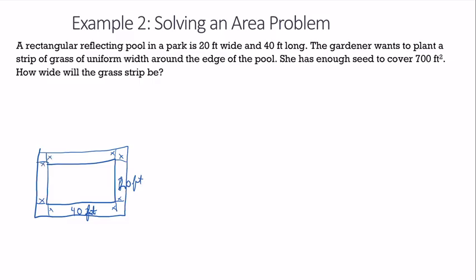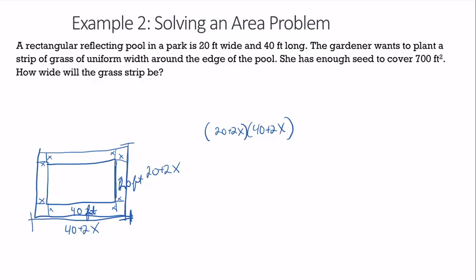So now the perimeter of my rectangle is 20 feet plus 2x by 40 feet plus 2x. That's the outside of my big rectangle, and that's how I'd calculate the area. The area of my big rectangle is 20 plus 2x times 40 plus 2x.